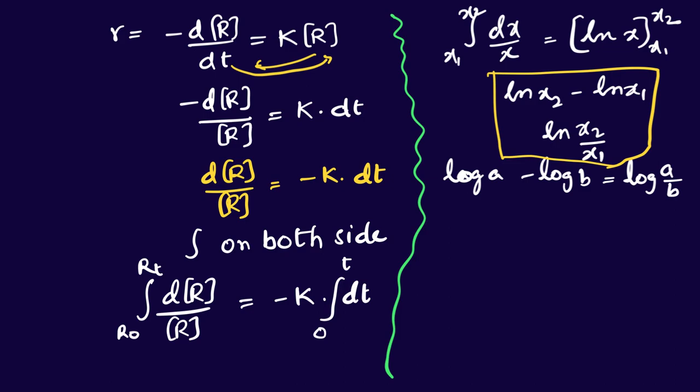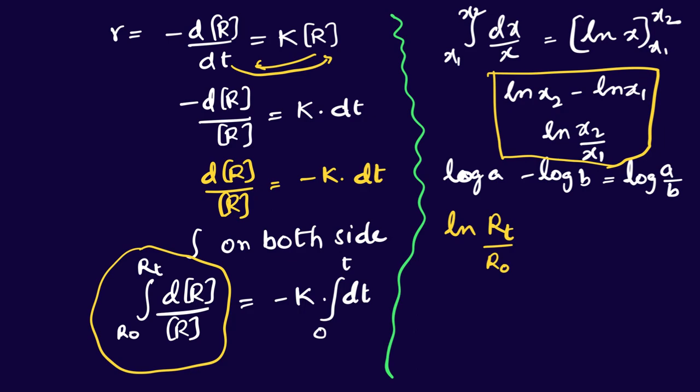Based on this, it can be written as ln of R at t time concentration by R naught concentration is equal to minus k into t.